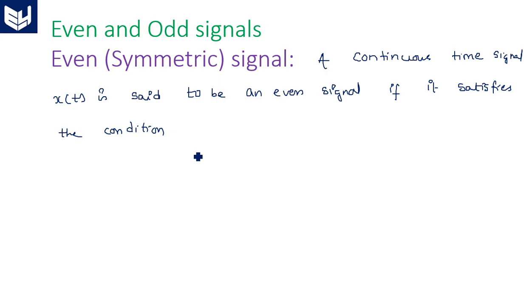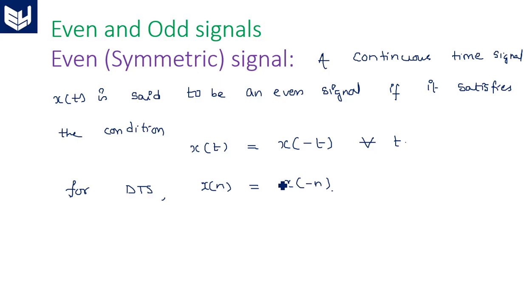So the condition is x of t must be equal to x of minus t for all t. What do you mean by x of minus t? X of minus t is the folded signal, vertically folded signal. Okay, and for discrete time signals, x of n is equal to x of minus n.